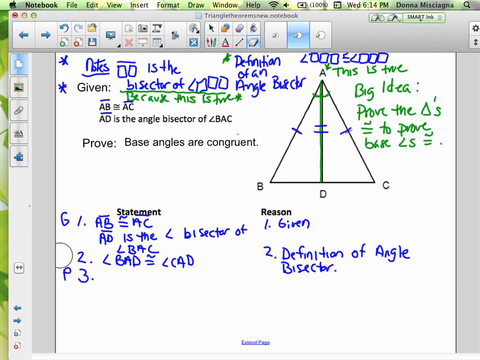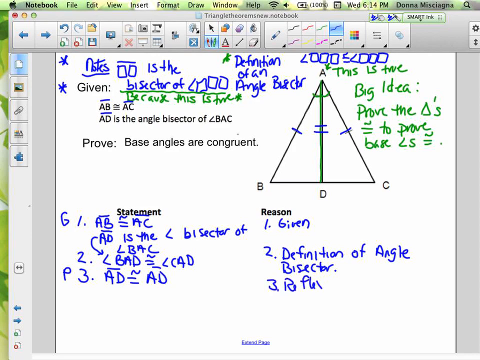Number two came directly off of this statement here. And number three came from our diagram. It was a picture clue that AD is congruent to AD, and we know that to be true using the reflexive property.